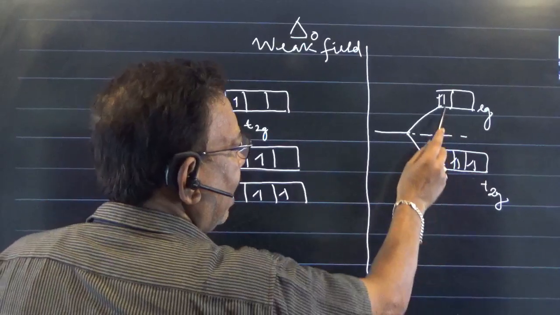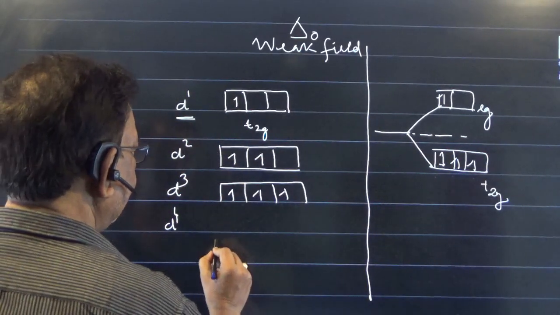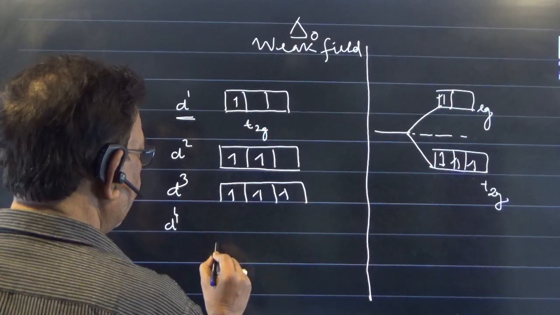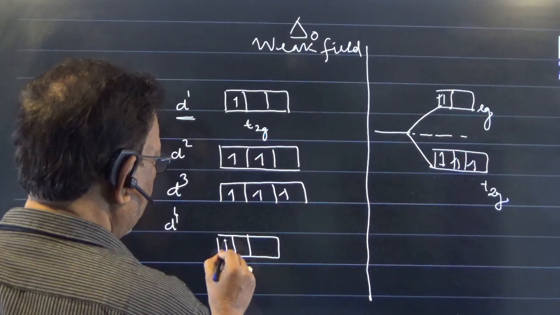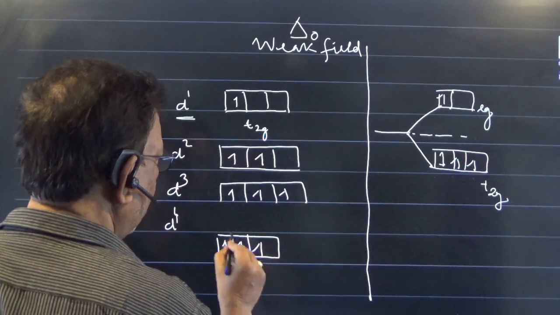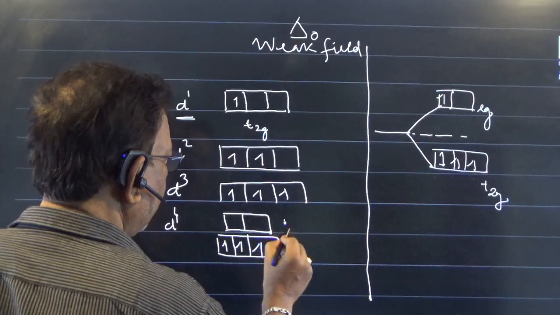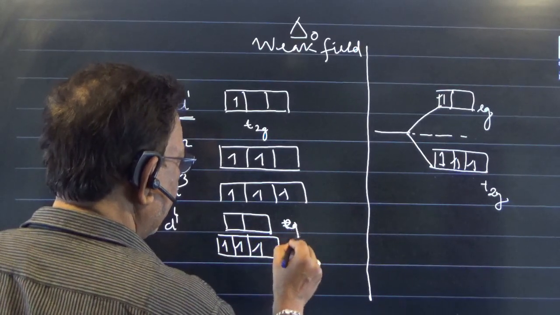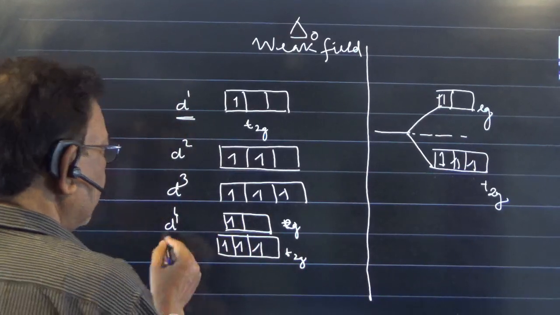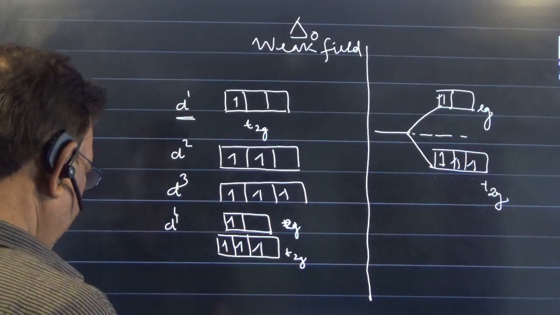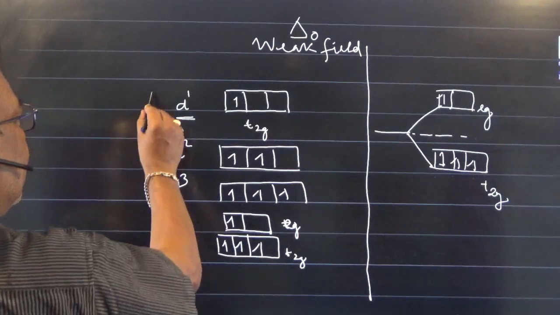So here I will write for D4: this is Eg, this is T2G, D4. Copy it first.